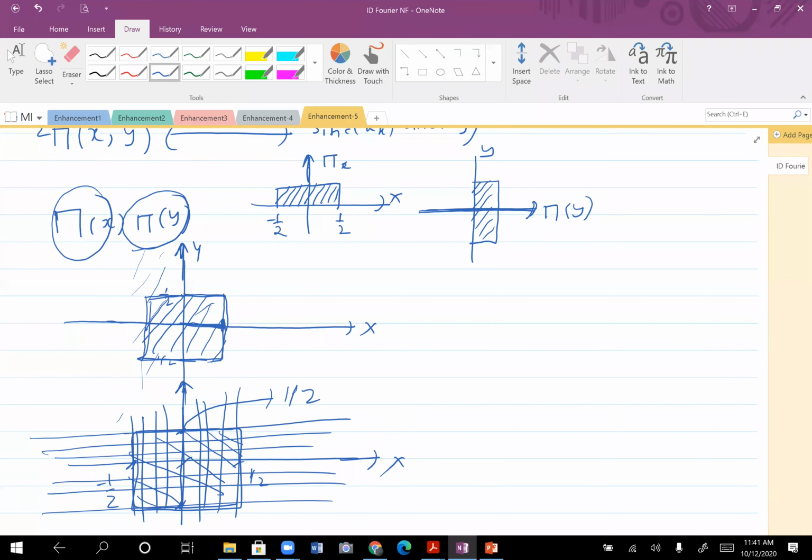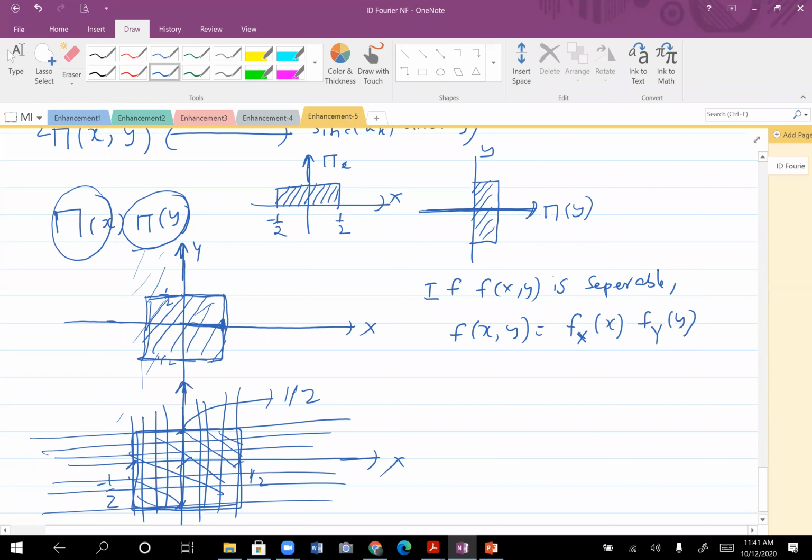Yes, sir. Okay, good. So I think we could generalize it. For example, if f of x comma y is separable, then you could write f of x comma y as a one-dimensional function, let's call it f subscript x of x, and another function f subscript y, which is a function of y.